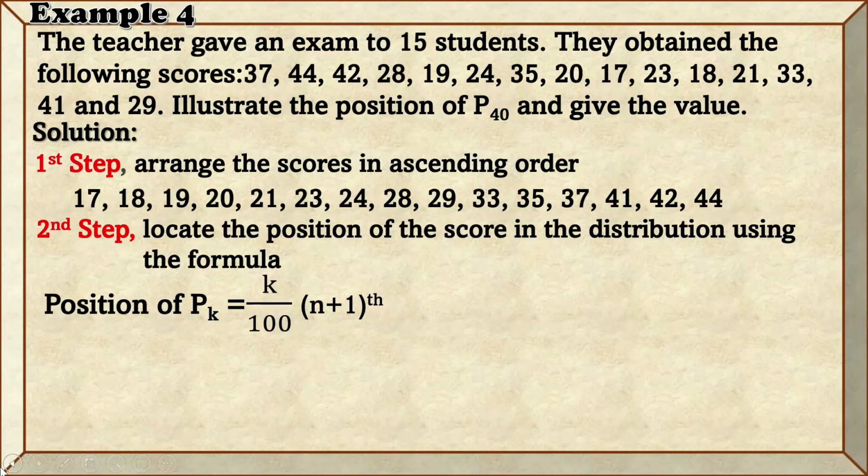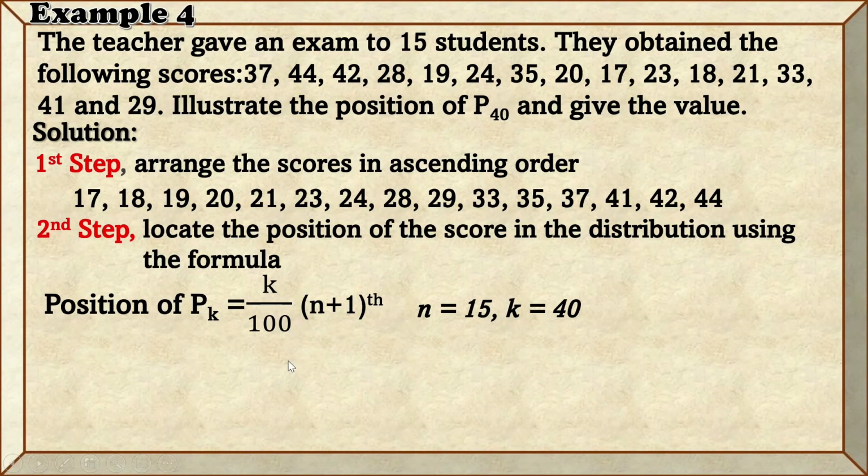So we have the position of P sub k is k over 100 times n plus 1 th. So the value of k is 40 dahil ang hinahanap natin is 40th percentile. And the value of n is 15 dahil meron tayong 15 students, so meron din tayong 15 na scores.